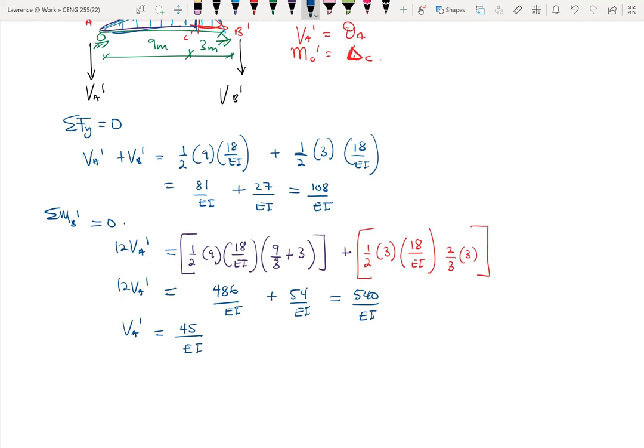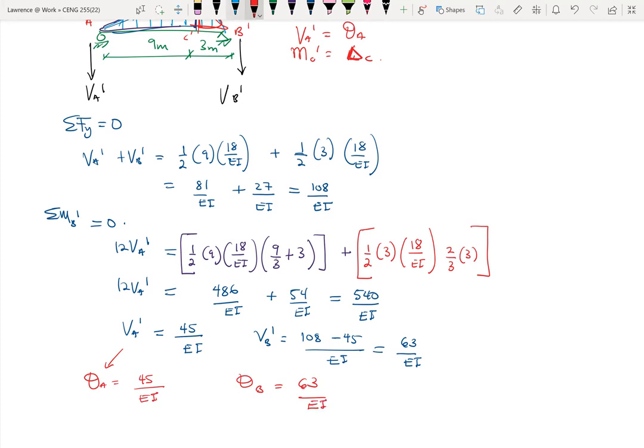Then VB prime will be equal to 108 minus 45, which gives us 63 over EI. So it means that our theta A is 45 over EI, and our theta B is 63 over EI.